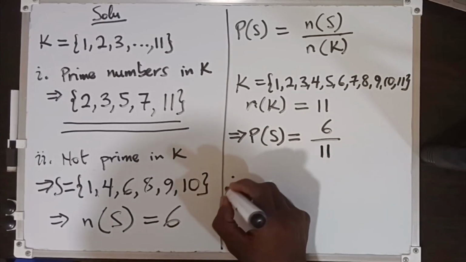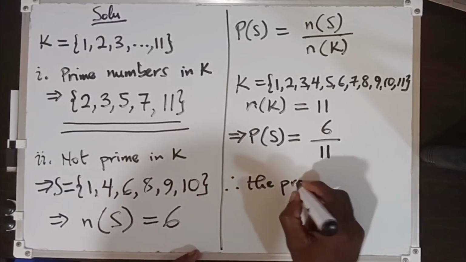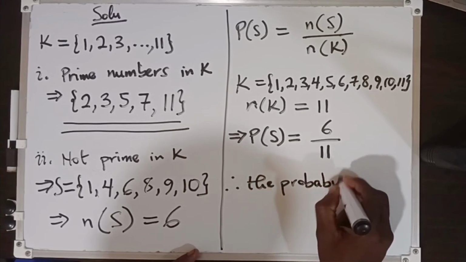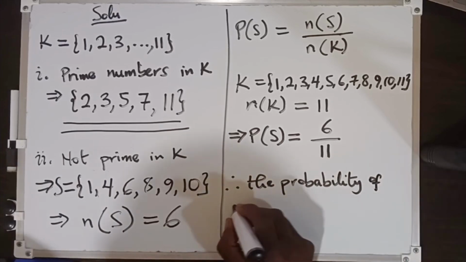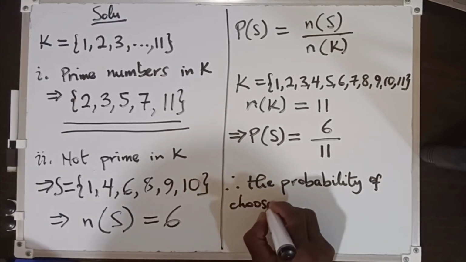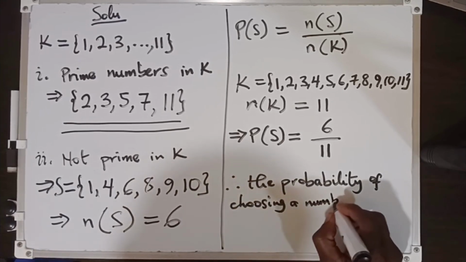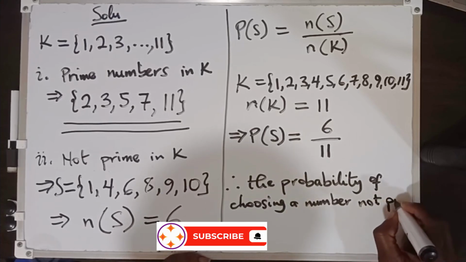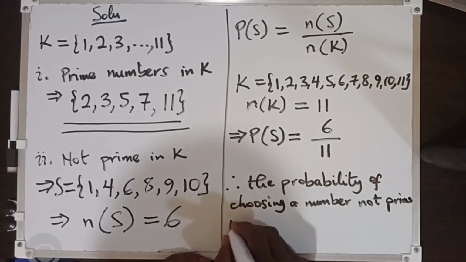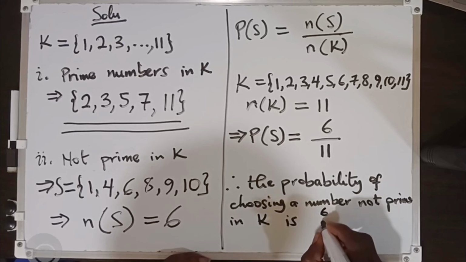So it means that the probability of choosing a number not prime in the set k is 6 out of 11.